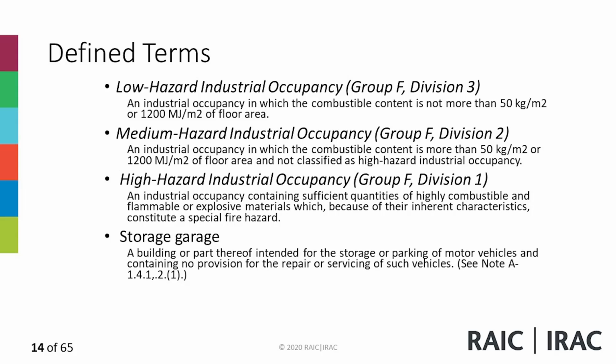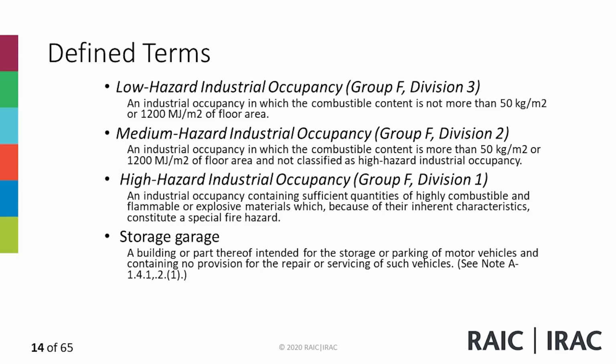A certain floor area or part of a floor area can be designated an industrial occupancy depending on the use of that occupancy and also on the fuel load within it. If it is not more than 50 kilograms per square meter of floor area, then it is. If it's more than 50 kilograms per square meter or 1200 megajoules per square meter, then it's not a low hazard occupancy. And if it is not a high hazard occupancy, then we can designate it accordingly.